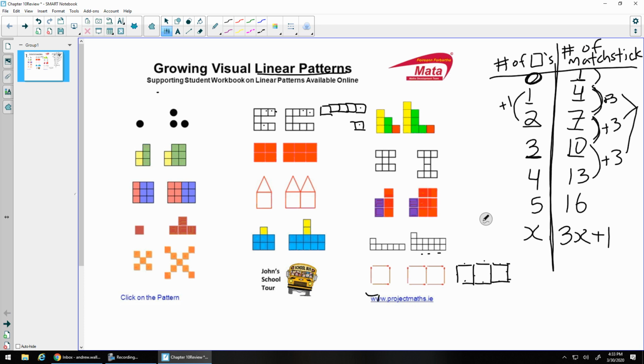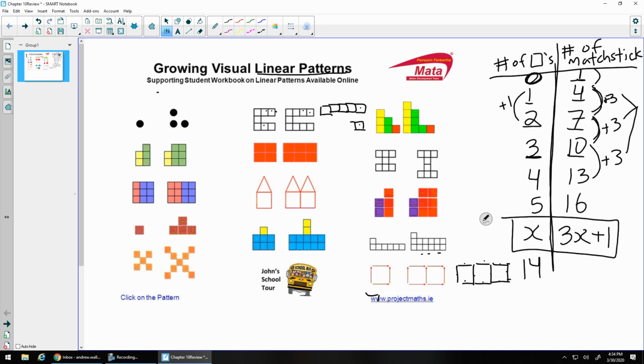And now we get this relationship between the number of squares and how many matchsticks you have. And we can use this relationship to solve, well, what if we needed to make a design, a pattern that had 14 squares in it? How many matchsticks are we going to need to build that?